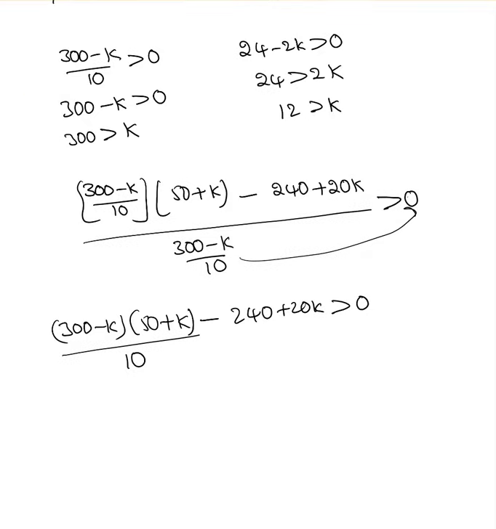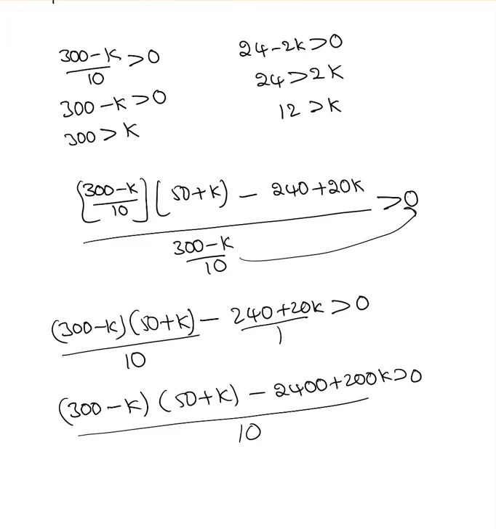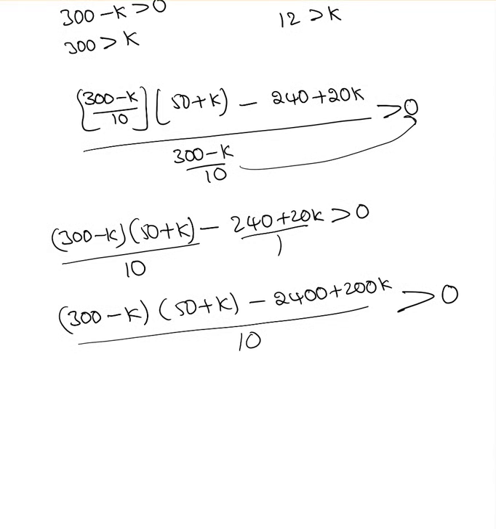I'm going to do the calculations. Here what I did was the LCM, so 10 multiplied by 240, that's 2400 plus 200k. This whole thing must be greater than 0. So I can take the 10 to the other side and make it equal to 0.